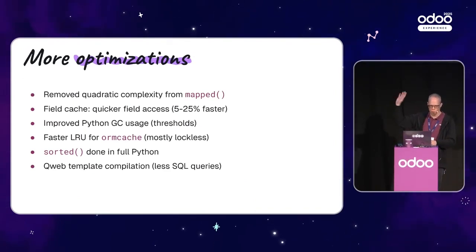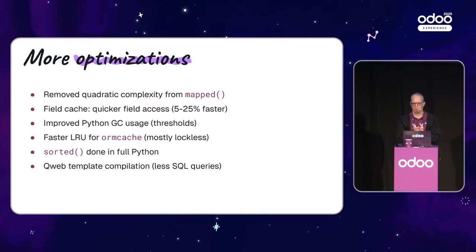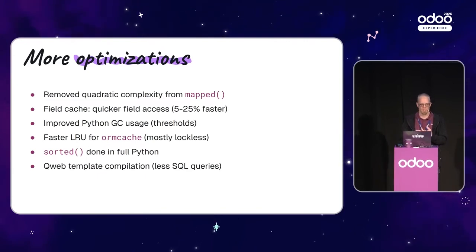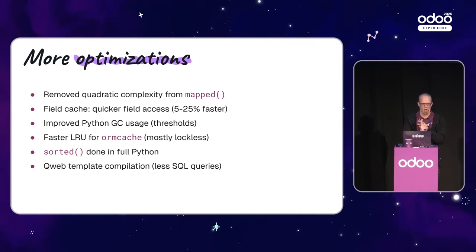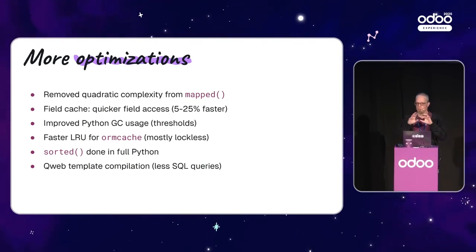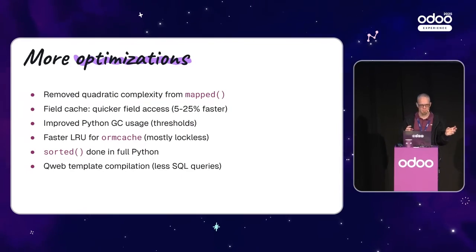So those are a few points. We've spotted there was a quadratic complexity issue in method mapped. We've also refactored the way the field cache was implemented.